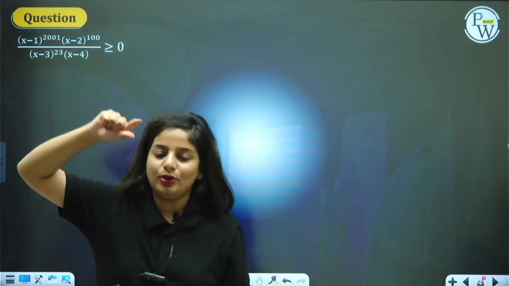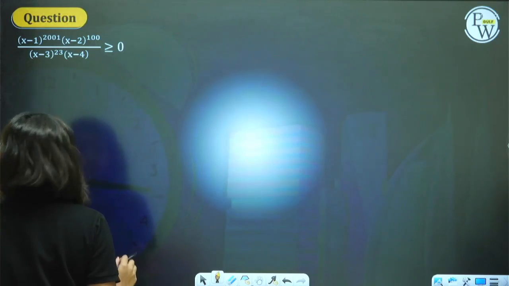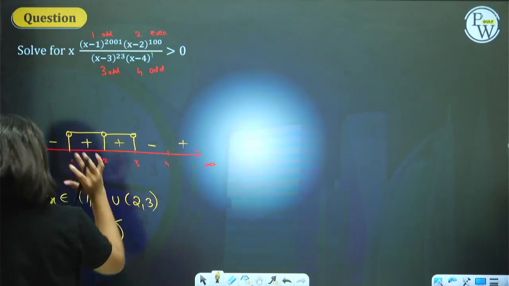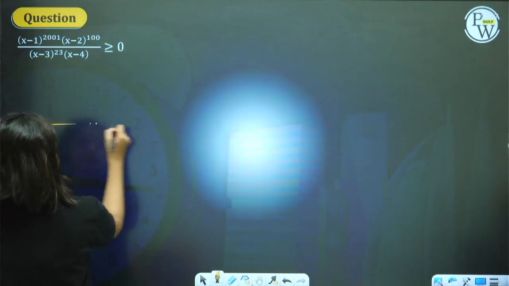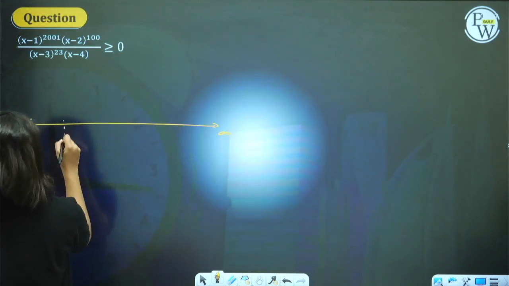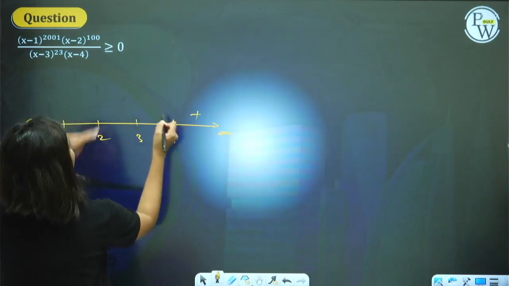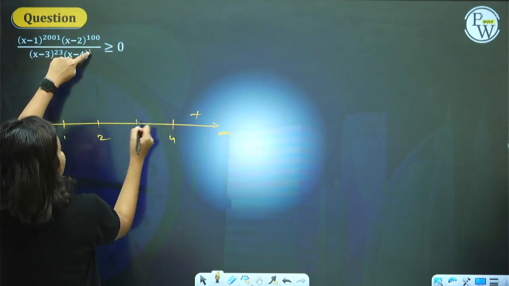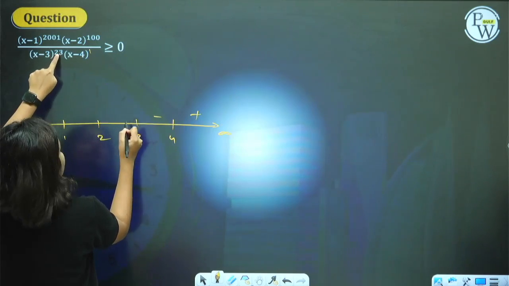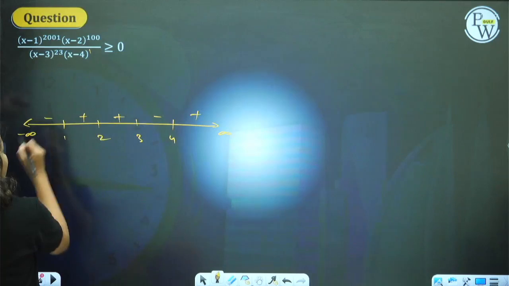Well, in the same question, if there is equal to, same question guys, what you did just now, everything same. Minus infinity, plus infinity, 1, 2, 3, 4. Plus 4 comes from odd power, minus 3 comes from odd power, plus 2 comes from even power, plus 1 comes from odd power, minus.